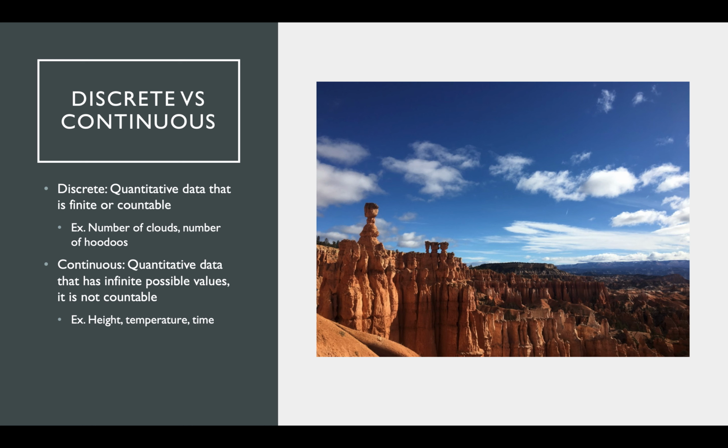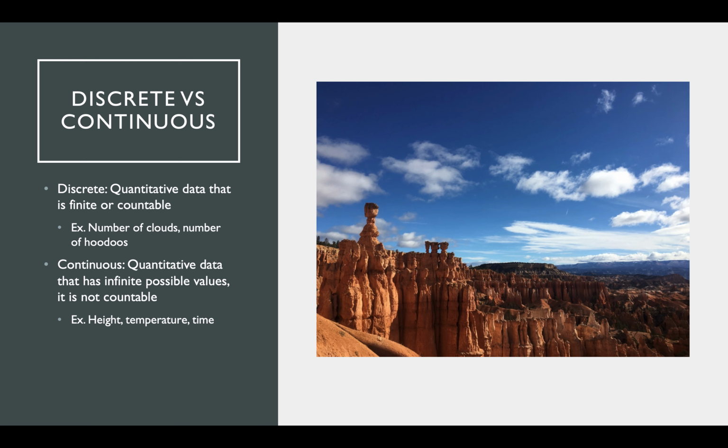It could be number of people, number of slices of pizza, those kinds of things. And then we have continuous. This is quantitative data that has infinite possible values. So it's not countable. For your height, you can be 5 feet, 4.2 inches. The temperature can be 87.3 degrees.